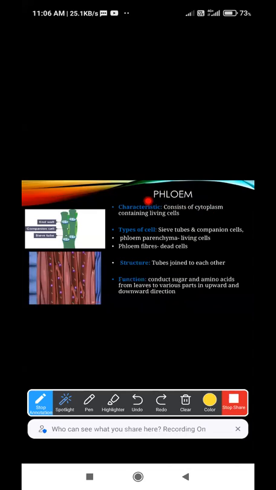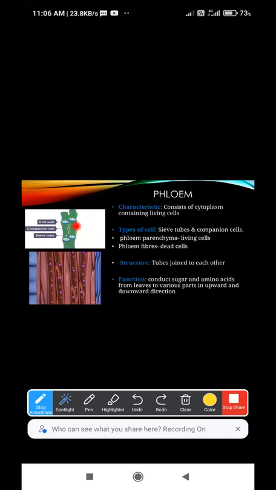It is composed of 4 different types of cells: sieve tube, companion cell, phloem parenchyma or the living cells, and phloem fiber or phloem sclerenchyma, also known as dead cells. You can see this arrangement in this picture.